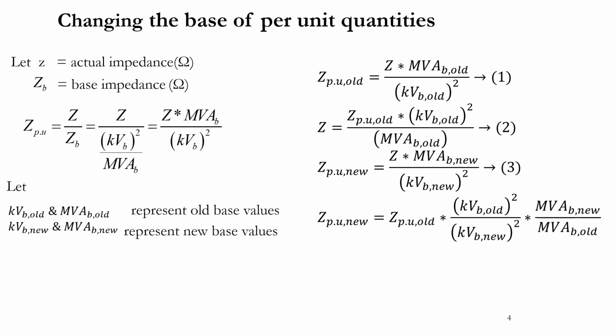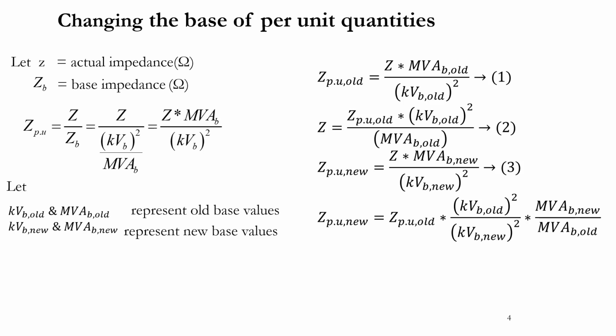It is actual impedance divided by base impedance, represented as Z divided by kVB the whole square divided by MVA. So, in short, Z per unit is Z into MVAB divided by kVB the whole square.